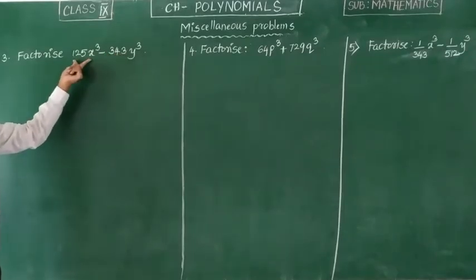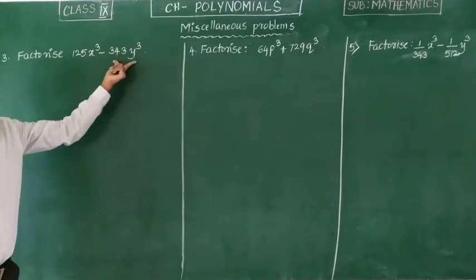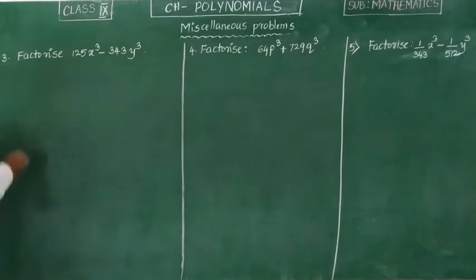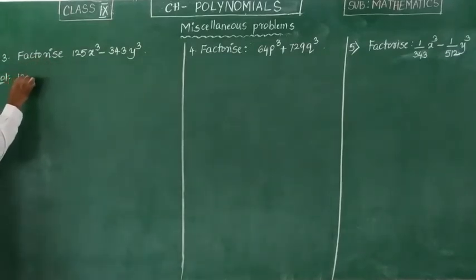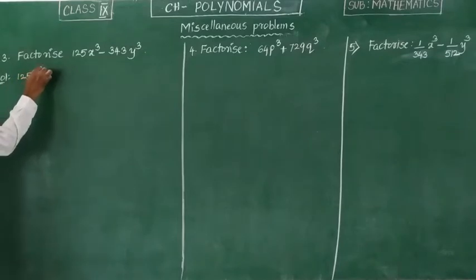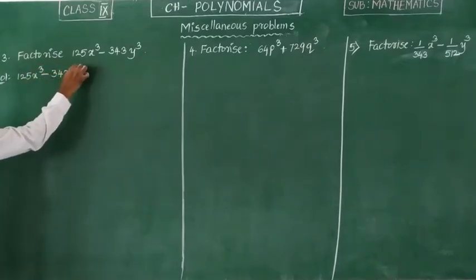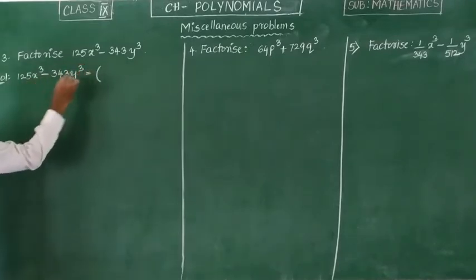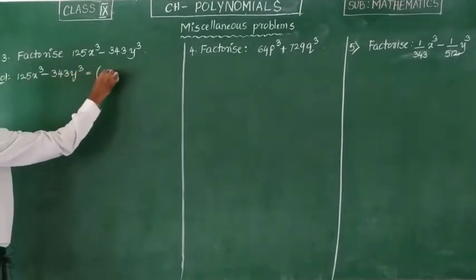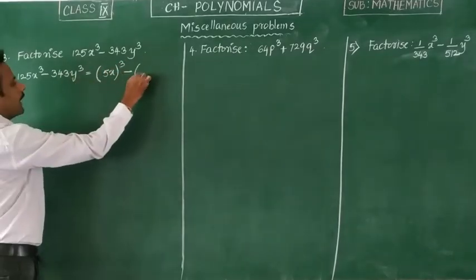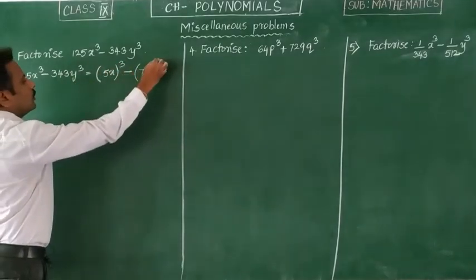That means we get the a cube minus b cube form, so here we need to apply the a cube minus b cube identity. Let us write the given one, 125x cube minus 343y cube. It can be written as 5x whole cube minus 7y whole cube.